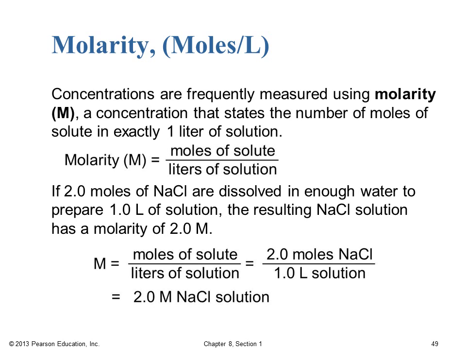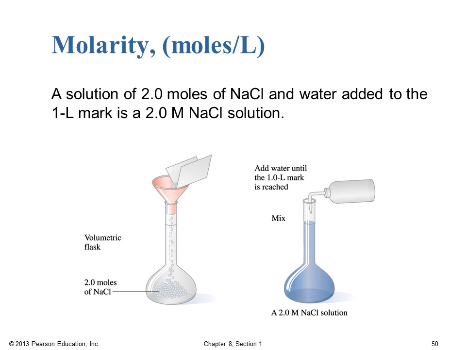And so if we have 2 moles of NaCl dissolved in 1 liter of solution, we would have a 2.0 molar solution of NaCl. So we would have 2 moles divided by 1 liter, which would give us 2 molar. And so how you would do that, you would have to figure out your mass required for NaCl to have 2 moles of it.